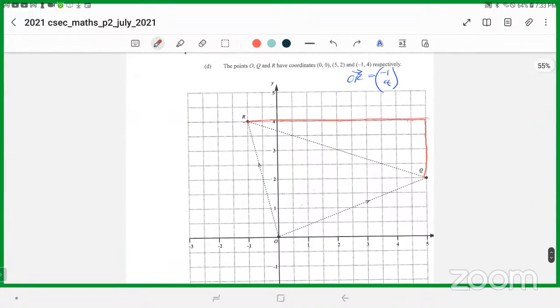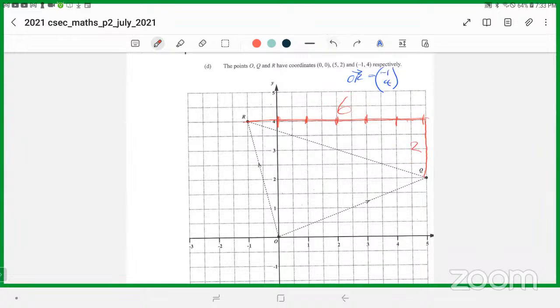So this is 1, 2, 3, 4, 5, 6. So this is 6 units long across here. And then vertically, again every 2 lines is 1 unit. So vertically this is 2 units. So I can find the length by using Pythagoras' theorem, the square root of 6 squared plus 2 squared.